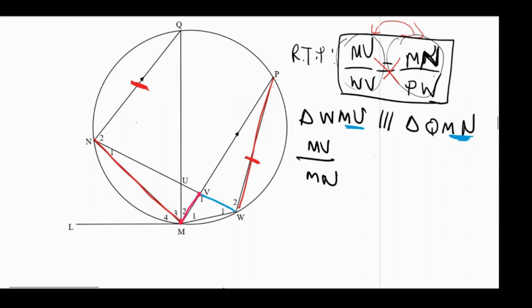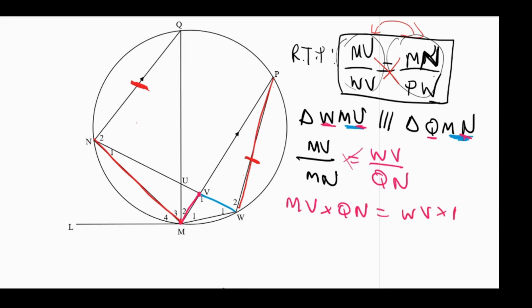And then you divide it with what's WV. So it equals WV divided by QN. So what you will do is you'll cross multiply. So it's going to be MV multiplied by QN equals WV multiplied by MN, right?